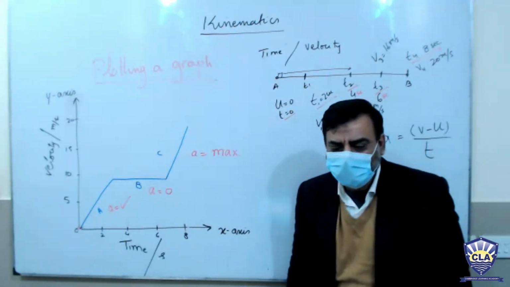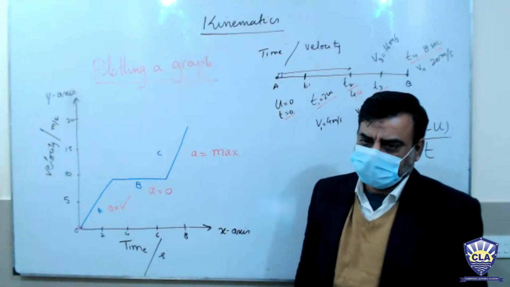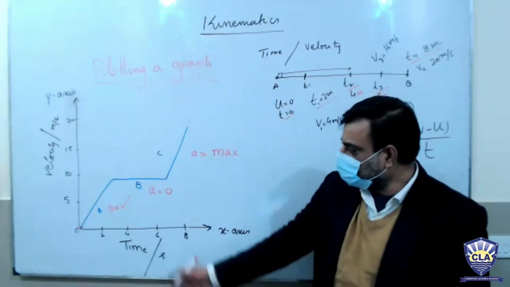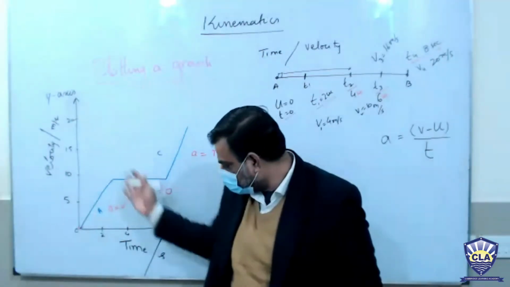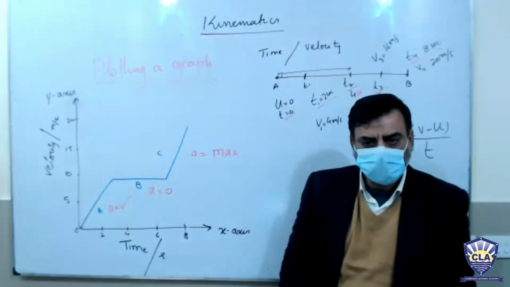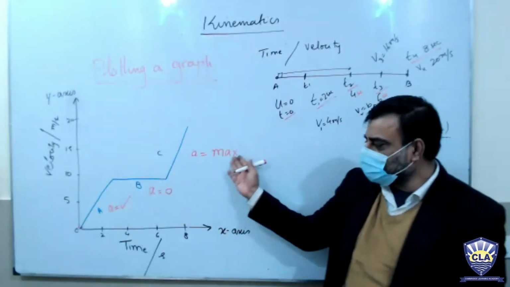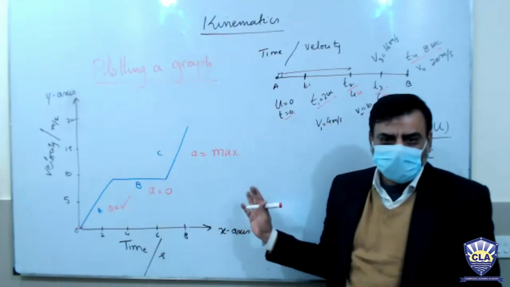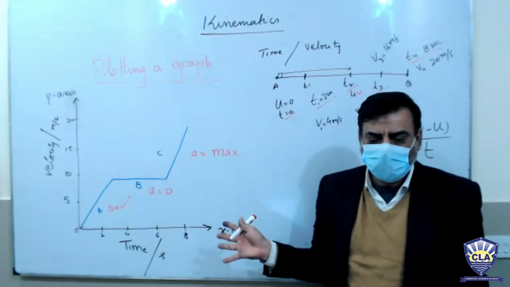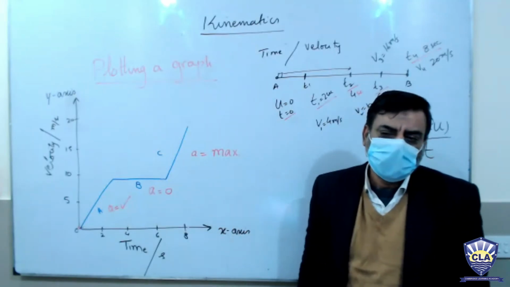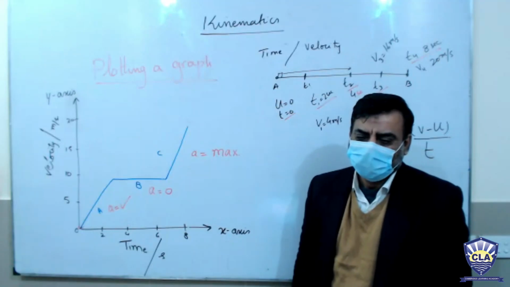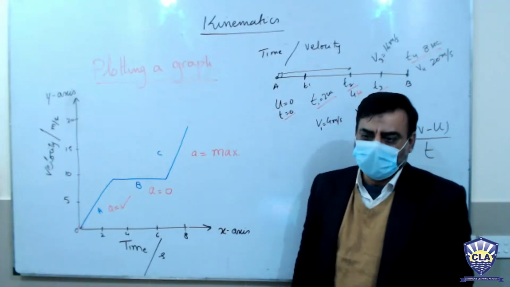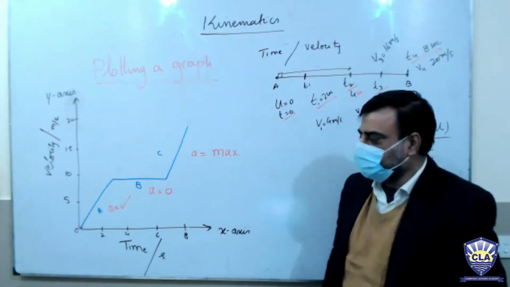Can you tell me about the distance? Can we determine the distance out of this velocity time graph? No sir. As you have determined the acceleration, can we? How? Sir, it will be velocity over time. Okay, good.